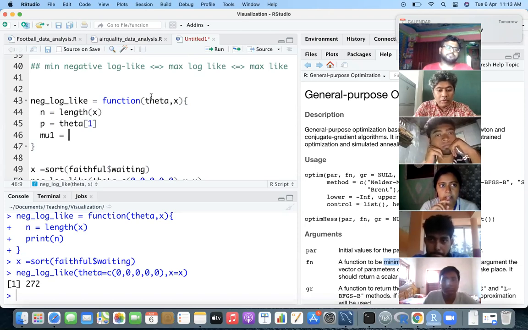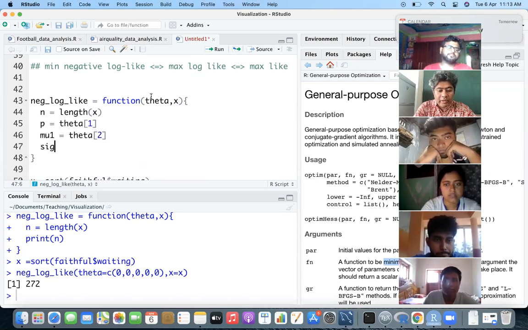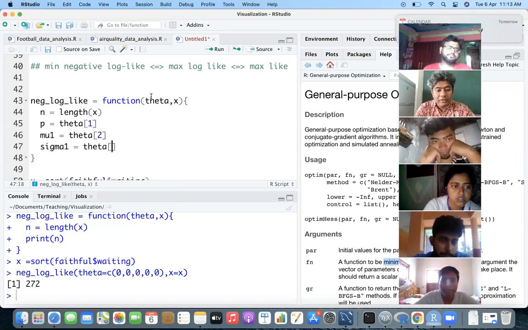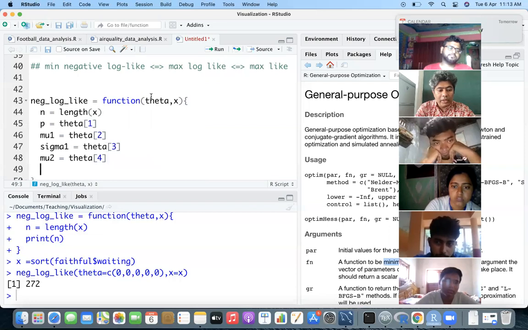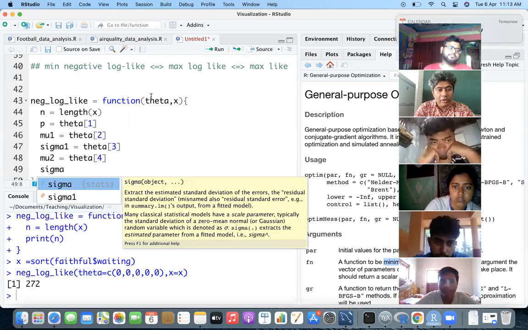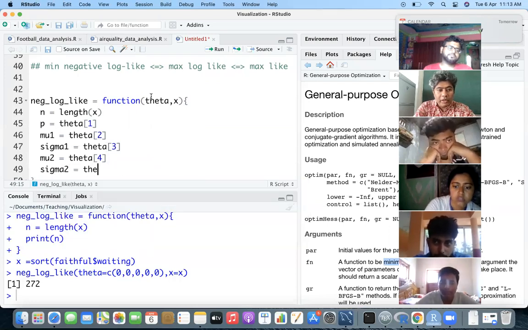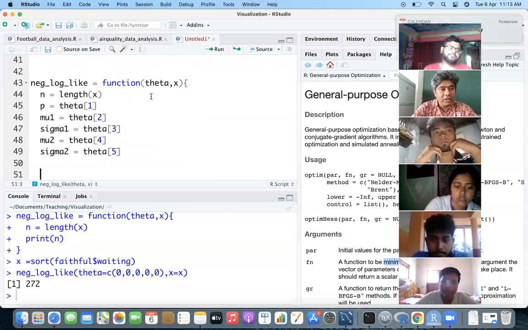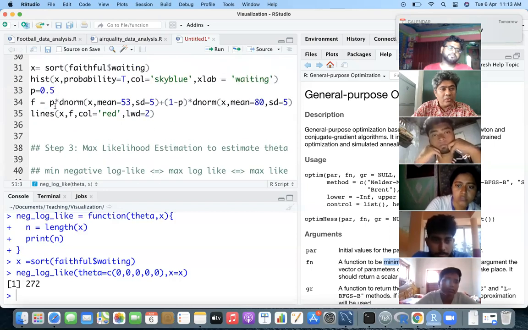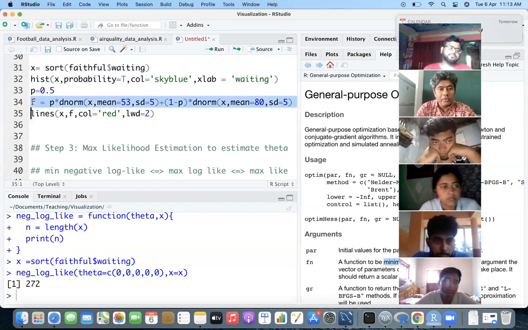So theta 2 is sigma 1, theta 3 is mu 2, and sigma 2 will be theta 5. Very nice.